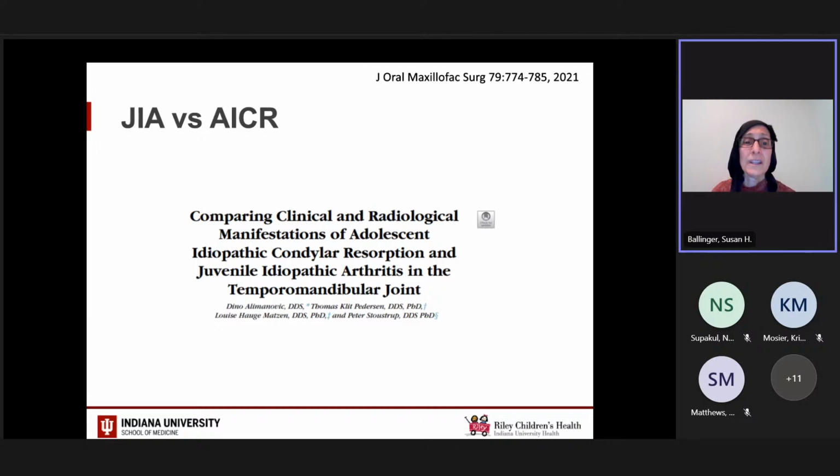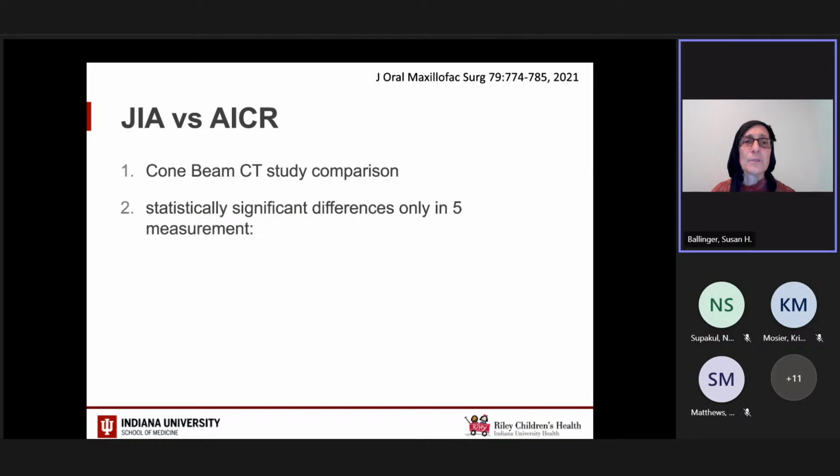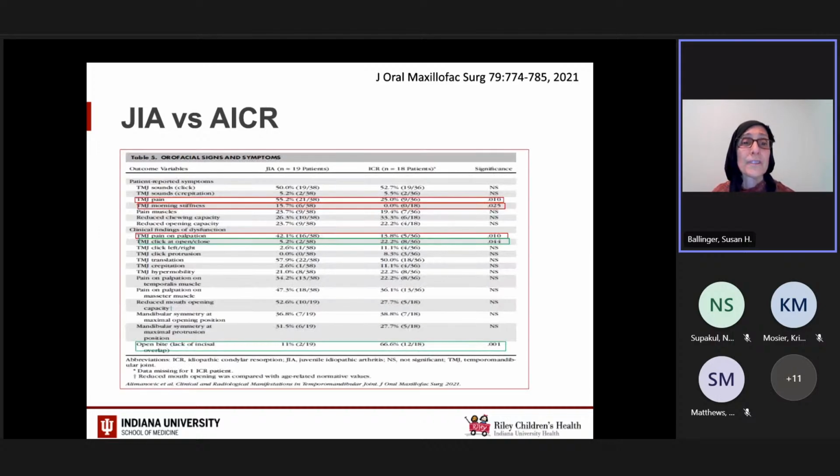There was a study that was done in Denmark. It looked with cone beam CT, so again, not the standard that we think about in terms of imaging the TMJ. And they found statistically significant differences in only 5 measures. They measured about 20 different things.